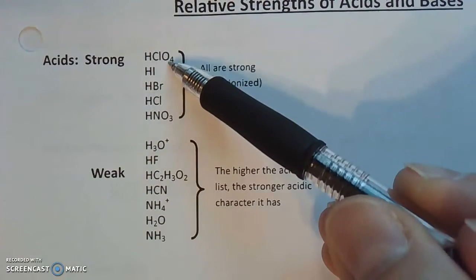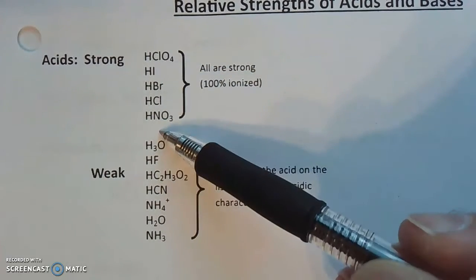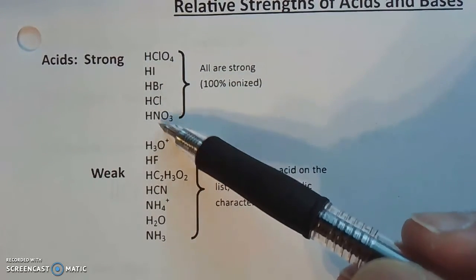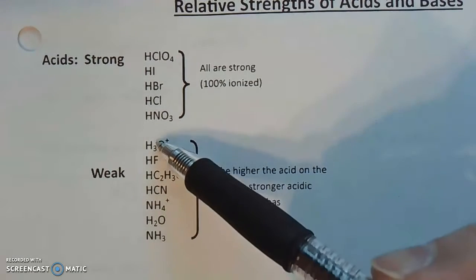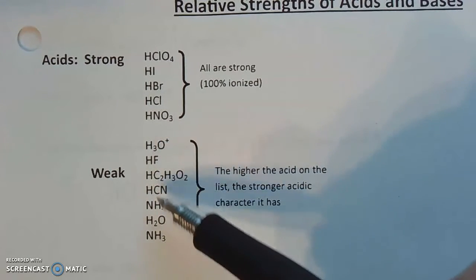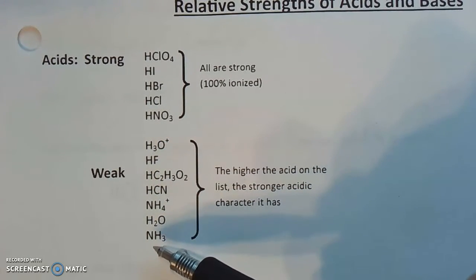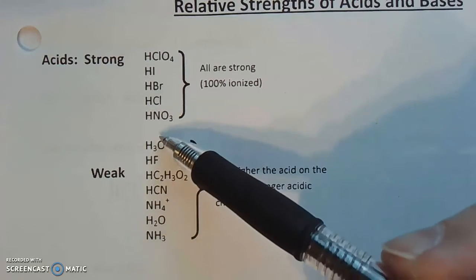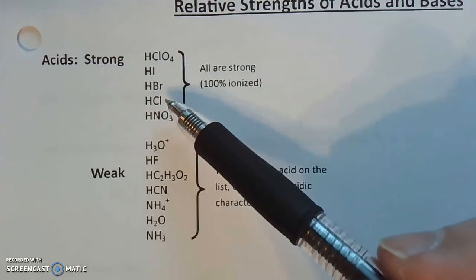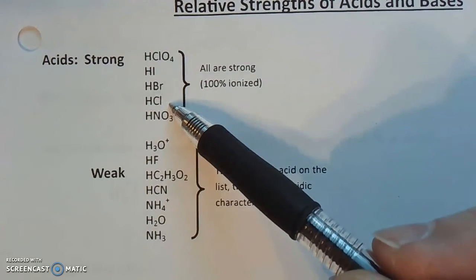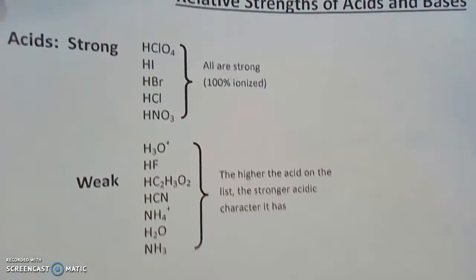So if you see one of these things listed, these are all very strong, so these would be acids. But if you were given two substances that are both in this weak area and you don't know which one is the acid and which one is the base, the higher on the list, the stronger the acidic character it has. So if we look, HCl is higher on our list than H2O.